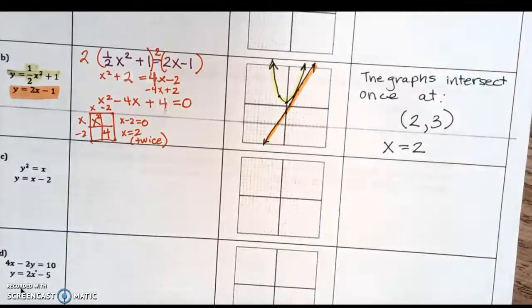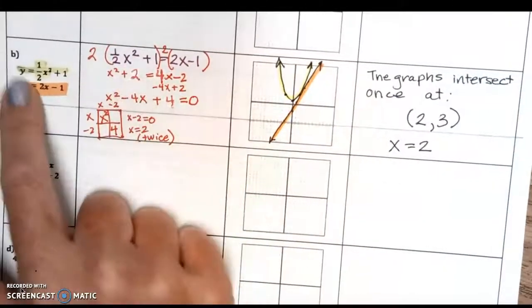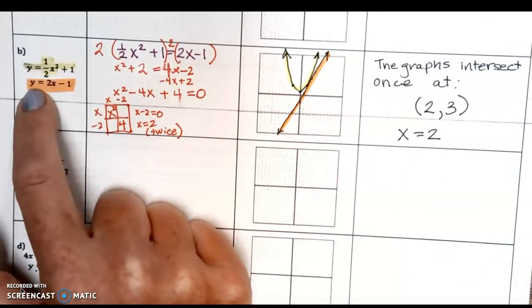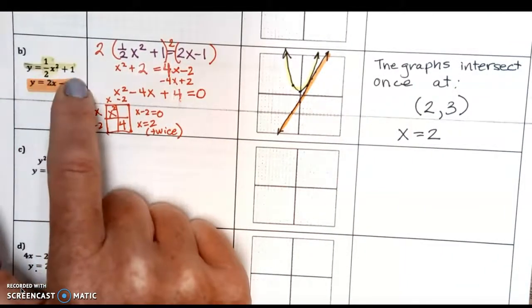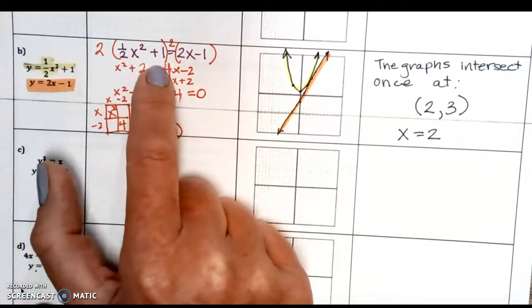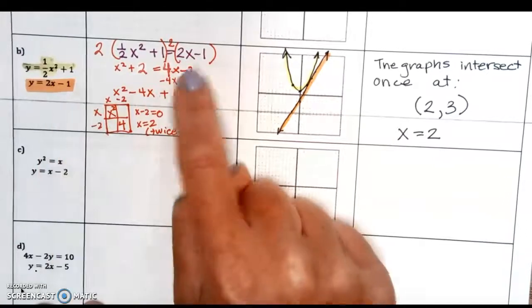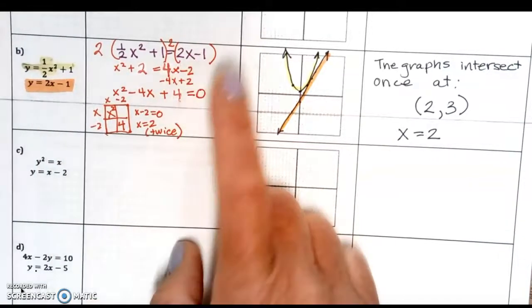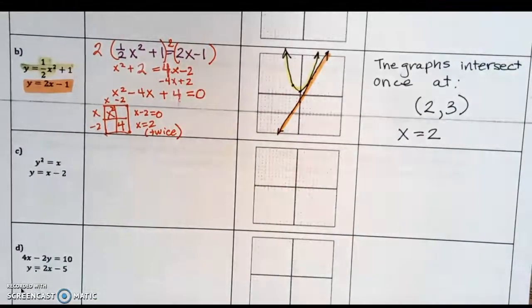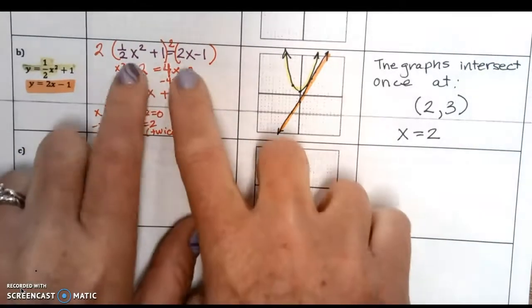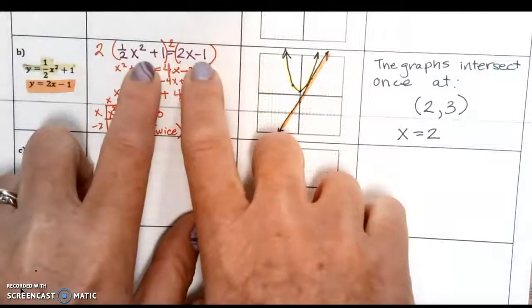How did I get that algebraically? Since both of these equations were set equal to y, I took the expression on the right in purple here and set it equal to the expression on the right in purple here. Everything else I did in red. So if you could tell the difference in my color, the only purple is the original 2 set equal to each other.